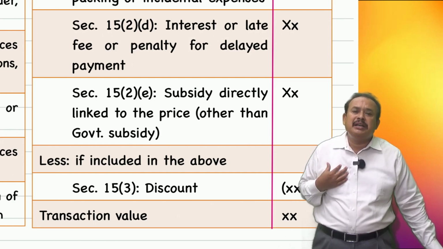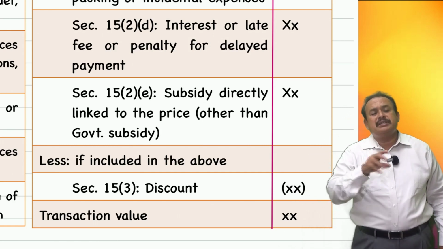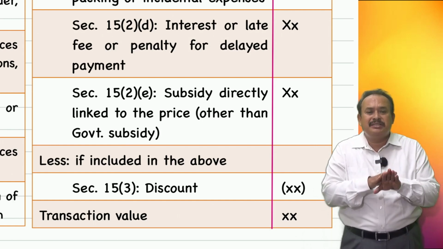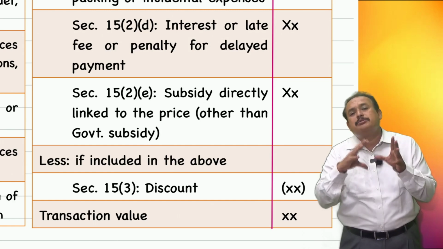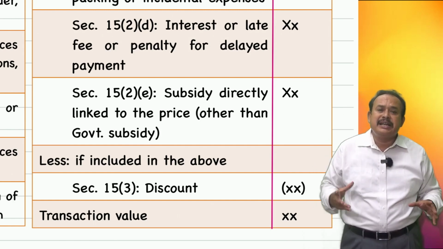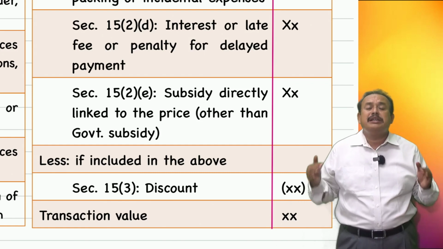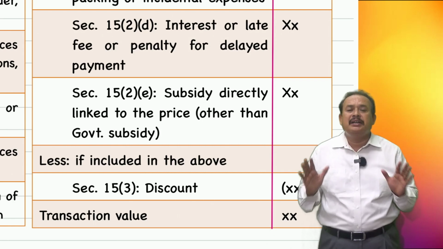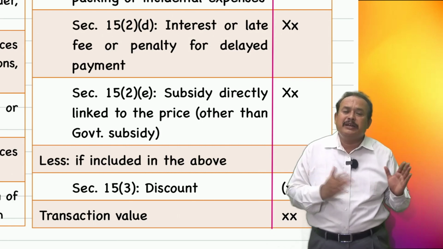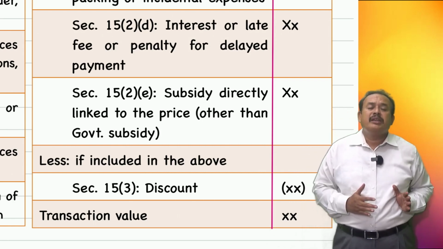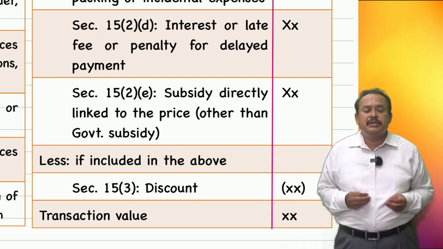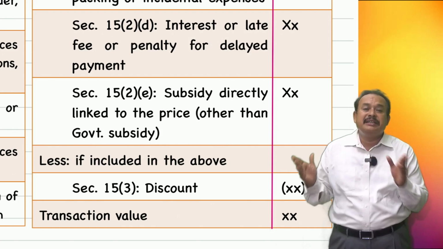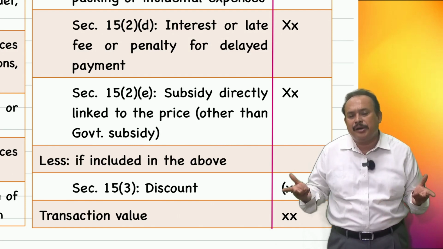Generally, we treat the interest, delayed payment charges and all as inclusive of GST. If the problem specifically says that the given interest is taxable but not included in the GST, in that case you take it as exclusive basis. If nothing is specified for the interest, late fee, full and final settlement, this and all generally come by application on an inclusive basis. If it specifically says the given interest is exclusive of GST, then accordingly.